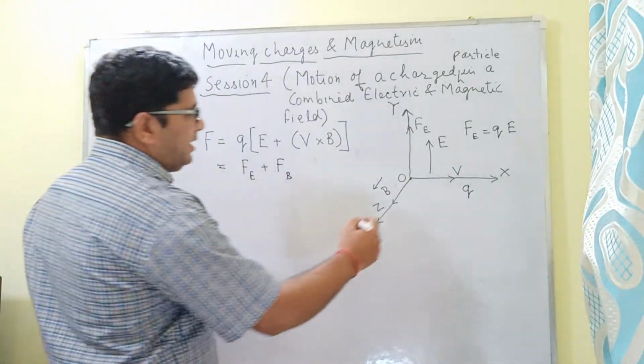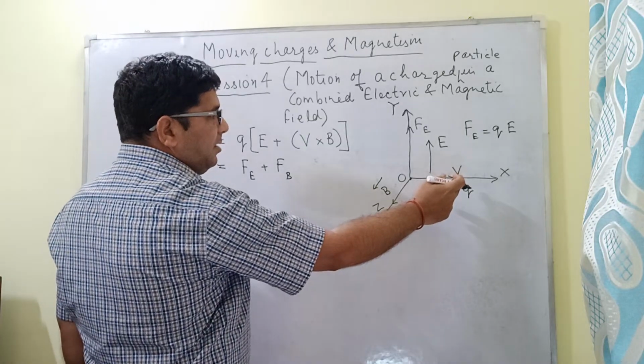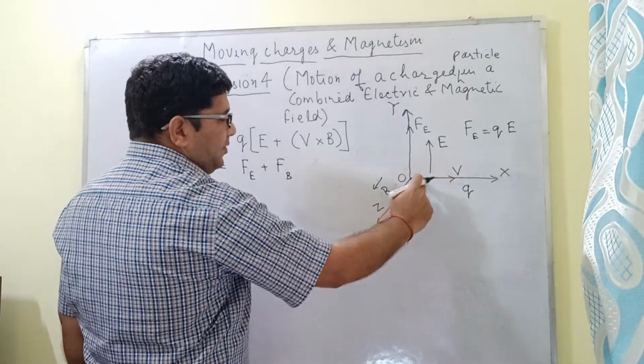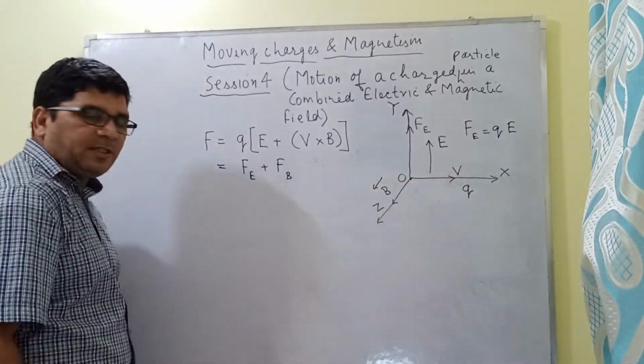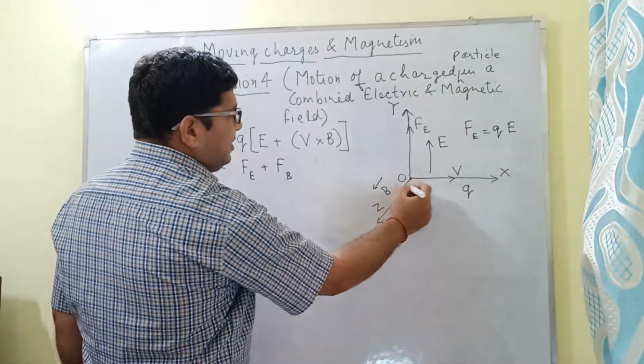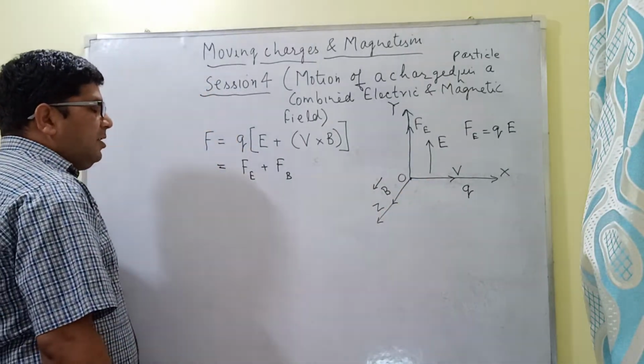So here you will see that the velocity vector, the velocity of this charged particle which is moving along the x-axis, is perpendicular to the direction of the magnetic field. The angle between them is 90 degrees, they are perpendicular to each other.